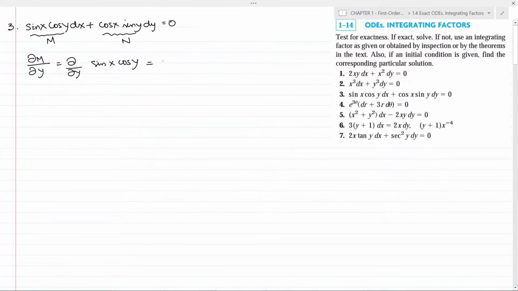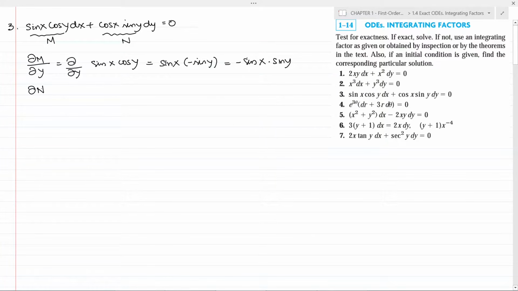X is constant, so sin x is also constant. So this becomes sin x multiplied by derivative of cos y with respect to y, which is minus sin y. So this is equal to minus sin x multiplied by sin y.